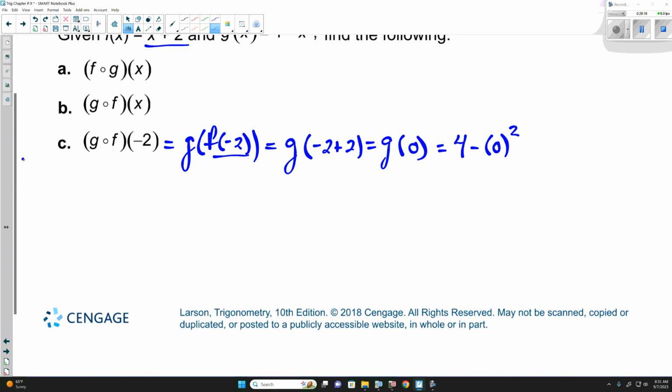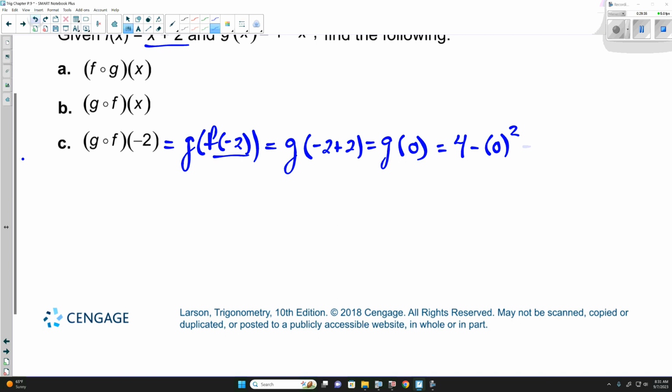Which is just 4. So g of f of 0, or sorry, g of f of negative 2 is 4. Questions on this here?